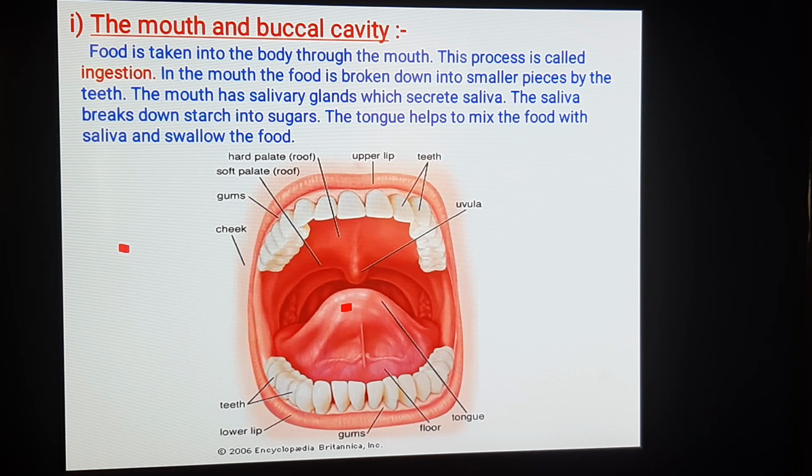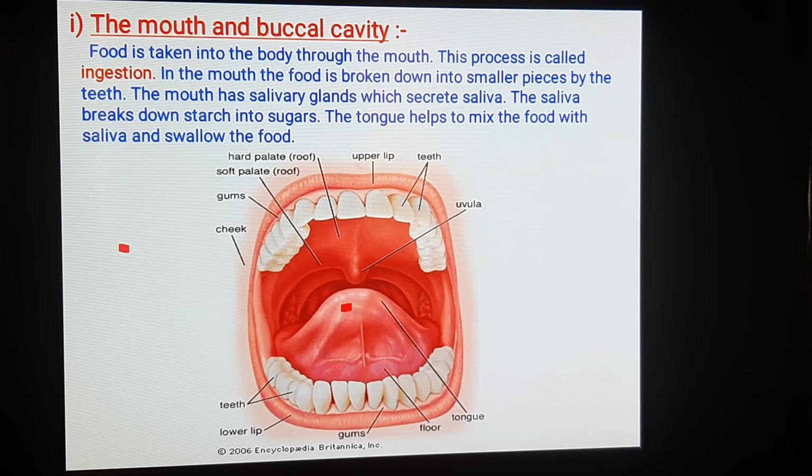Students, here you can keep one small trick for your understanding. Saliva spelling starts from S. Saliva breaks down starch, and starch spelling starts from S. That starch is converted into sugar, and sugar spelling also starts from S. You can write this trick in your notebook.